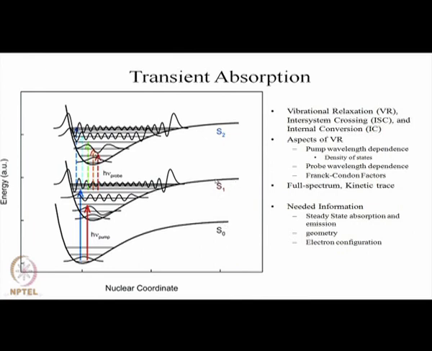This is S1, next lowest, then S2 and so on. And these are the vibrational ladders, okay, and the vibrational function is like this, and the probability is shifting to the extremes of vibration, this ladder.